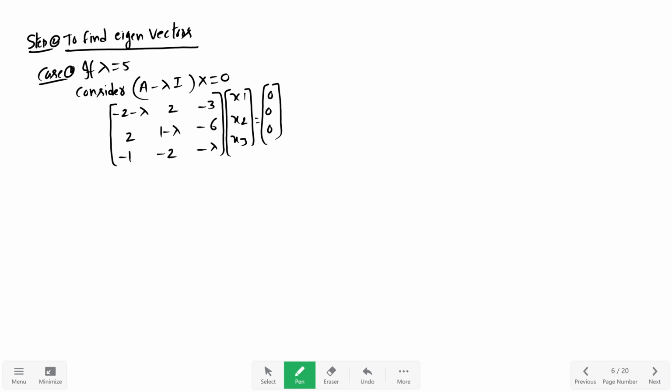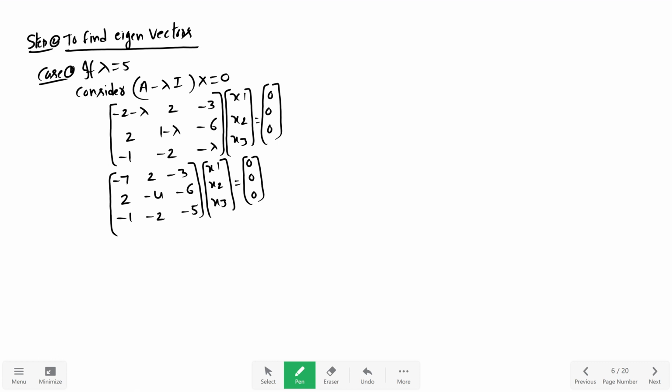Lambda equal to 5. Substitute lambda equal to 5. So this matrix is: minus 2 minus 5 is minus 7, 2, minus 3; second row 2, 1 minus 5 is minus 4, minus 6; minus 1, minus 2, minus 5. Column of unknowns x1, x2, x3 equal to 0, 0, 0.